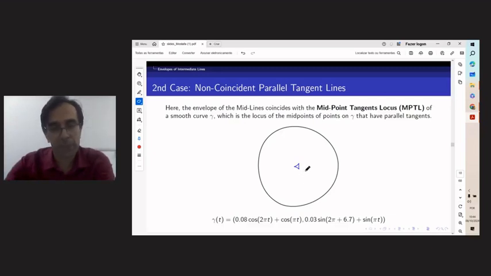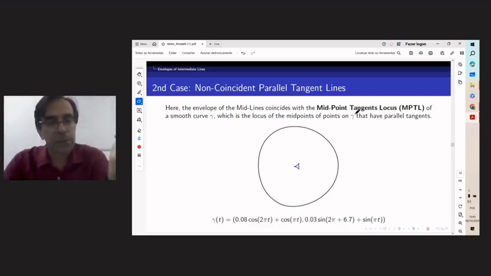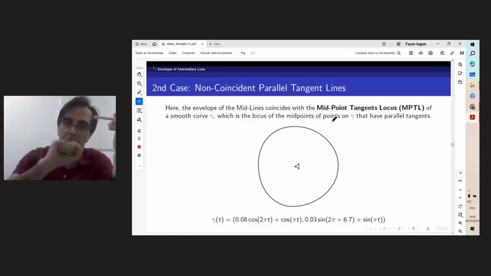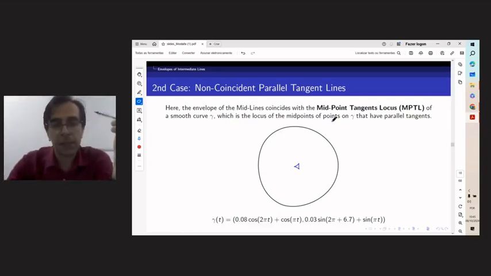For this example, it gives us this blue curve, which we call the midpoint tangents locus. This is the locus of midpoints, and it gives us exactly this envelope.